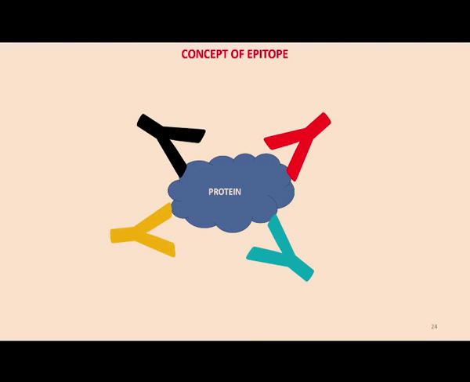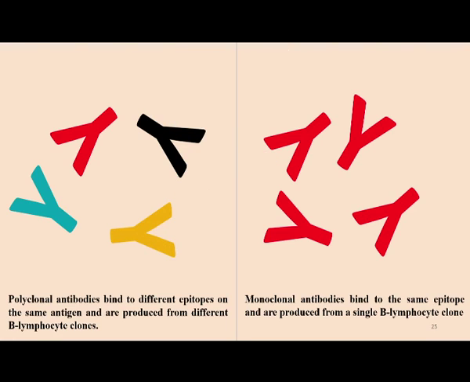Therefore, an epitope would be a part of the protein that would be recognized by an antibody, right. So, when a virus infects us or infects say a mouse, then different antibodies are produced against that virus, because on the surface of the virus you can have different proteins, and even in a single protein you can have different parts recognized by different antibodies.